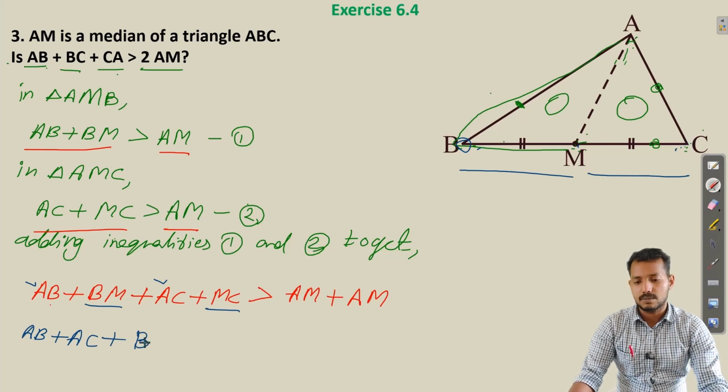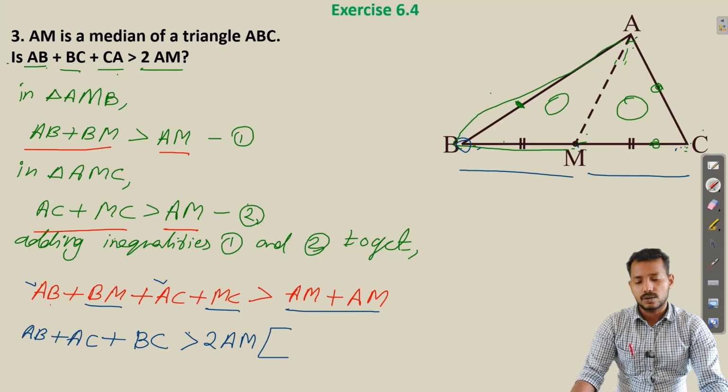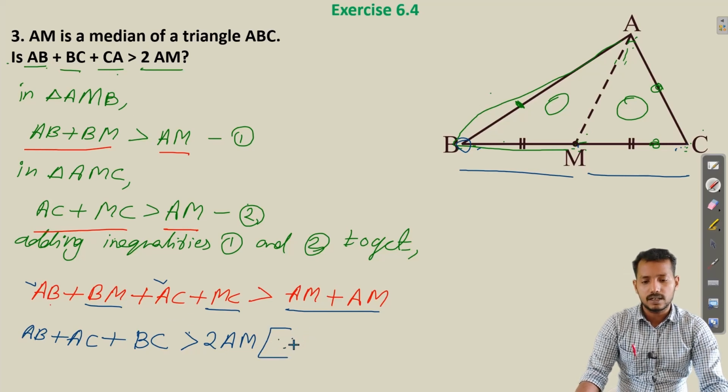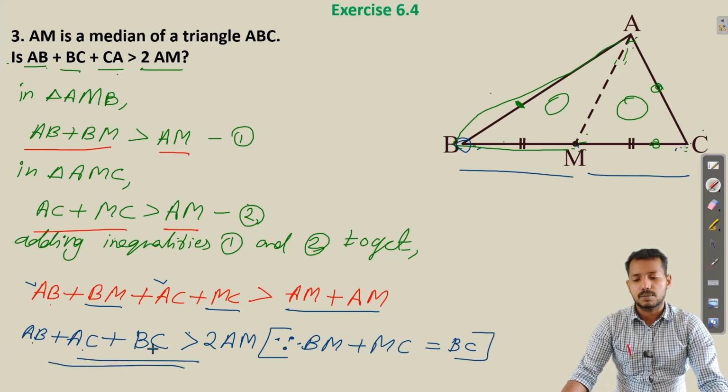So I am writing it as BC, greater than, now all the terms we have written here, AM plus AM is equal to 2 times AM, 2 AM. We have to write the substitution, since BM plus MC is equal to BC. What is this? AB plus AC plus BC is greater than 2 AM, which is given in the question.